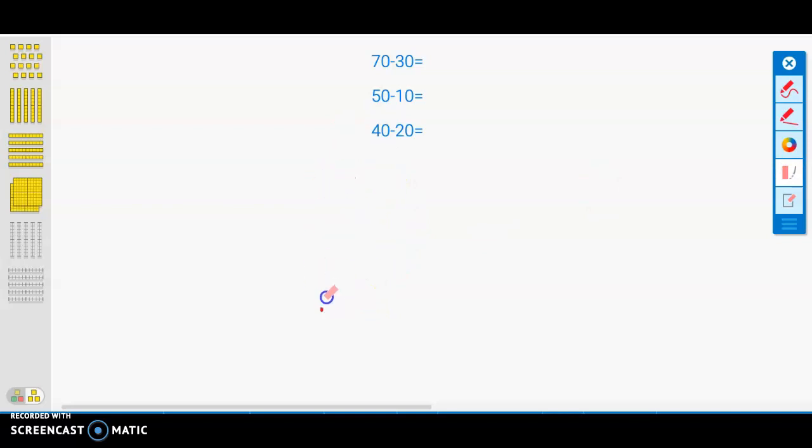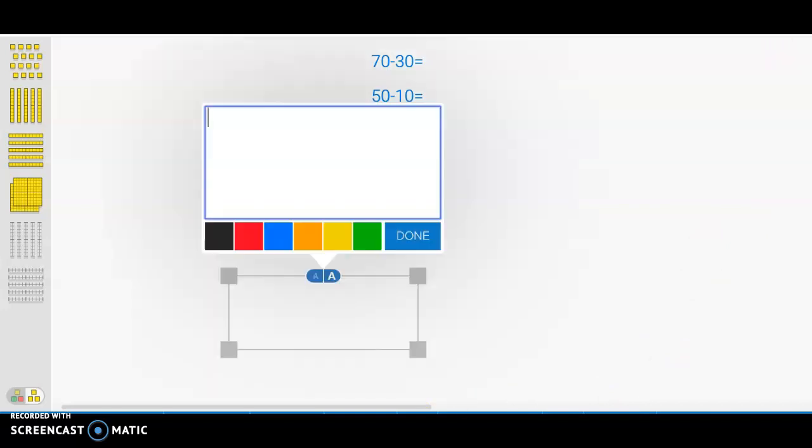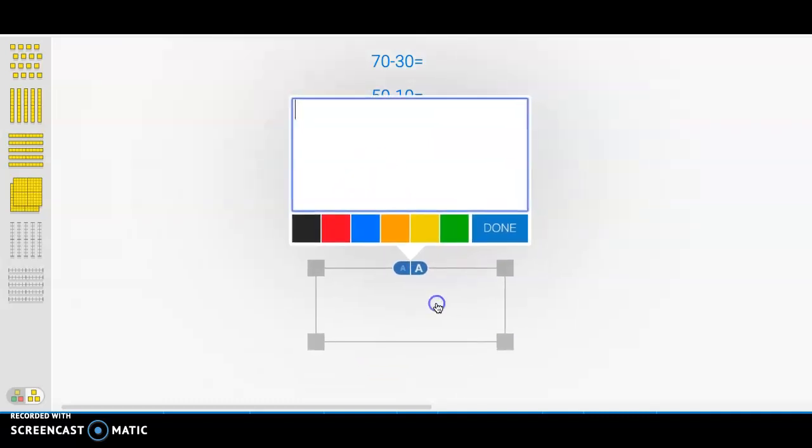That's up to you. Now, I'm also going to put in here a little bonus to see if anyone would like to be brave enough to try a bonus. So here is my bonus. You're going to start with 80, subtract blank equals 40.